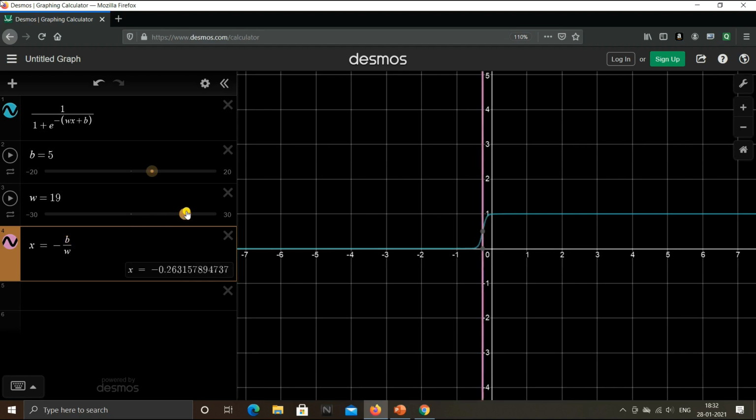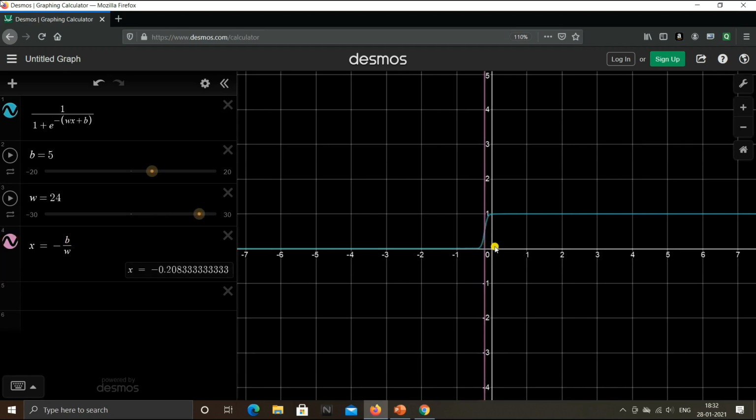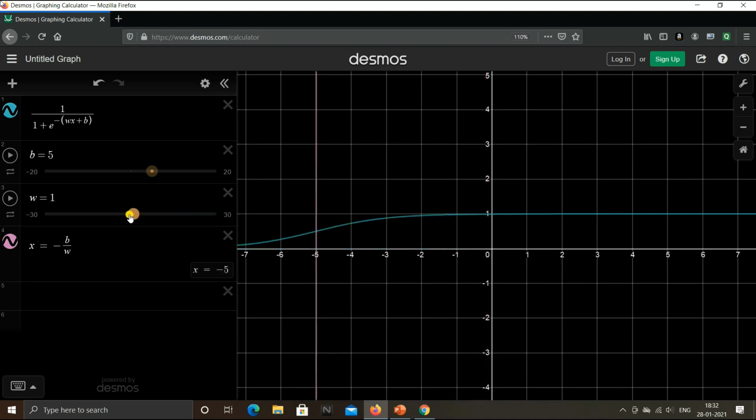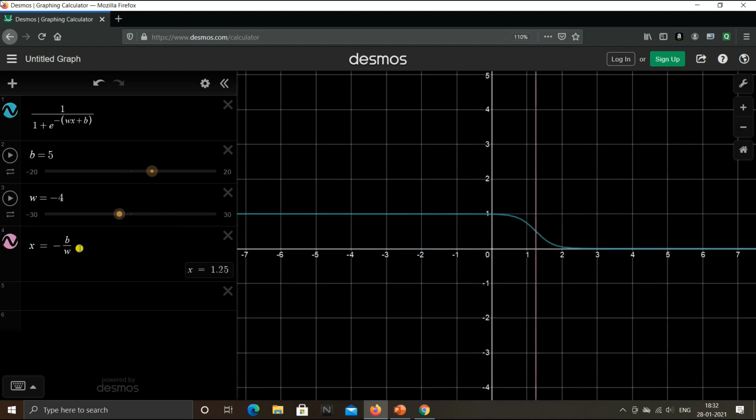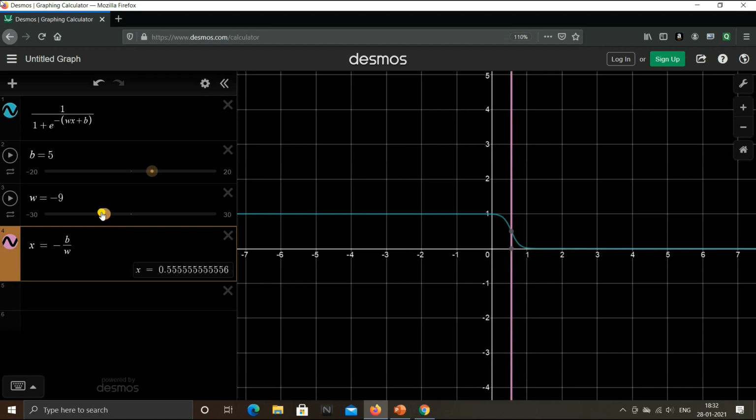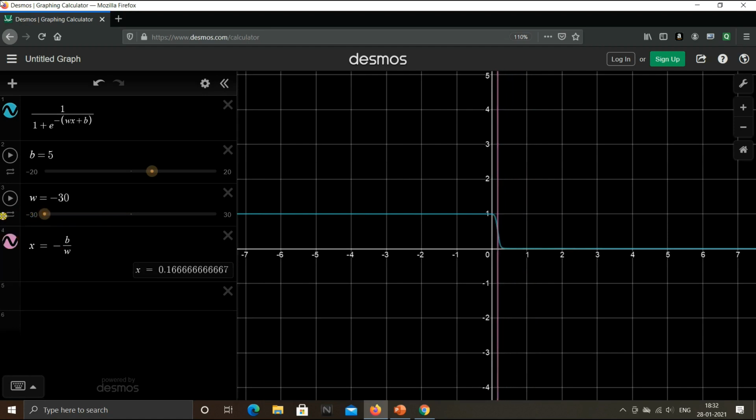As you can see, if we increase it, it moves towards the left side of 0, closer and closer to 0. Now if we go on the other side, where the value of w is negative, the negative and negative become positive, and hence the w in the denominator is increasing. This value moves towards the right side of 0, and as you can see, it is moving closer and closer to 0.